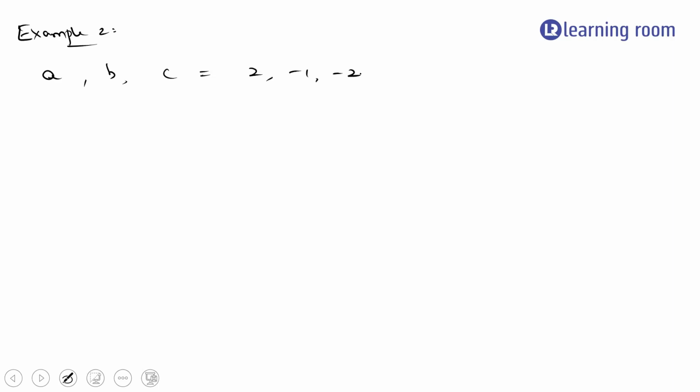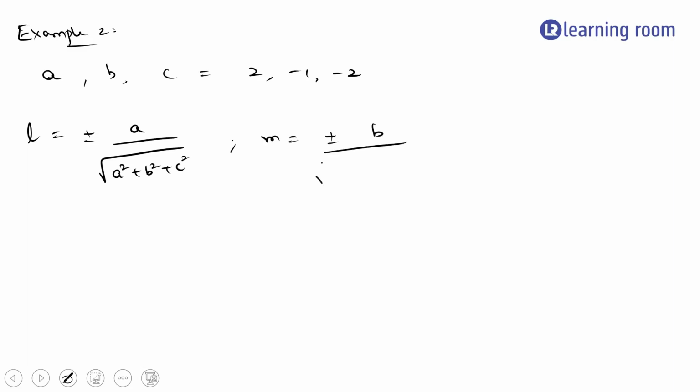So if the direction ratios are given and you are expected to calculate the direction cosines, what are we supposed to do? L will be equal to plus or minus A divided by root of A square plus B square plus C square. M will be equal to plus or minus B divided by root of A square plus B square plus C square, and N will be equal to plus or minus C divided by root of A square plus B square plus C square.